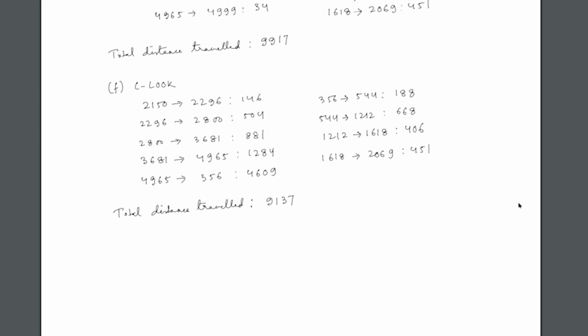The heads will immediately jump as far back as necessary. They will not go to 0. 356 was the leftmost request, so they're going to go there. And from there, they're going to again take care of things from left to right. That is from 356, they will go to 544, 544 to 1212, and so on. And they will stop at 2069. And when you take the sum of all of these numbers, you will get 9137.